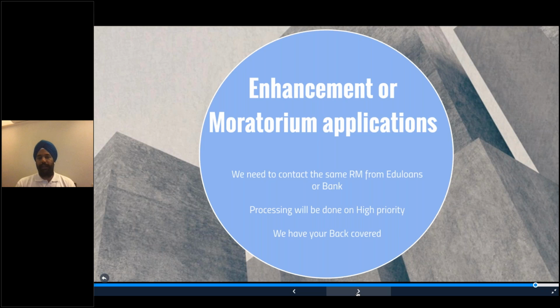If you have good academics to prove that you have a good GPA, or some sort of RA, research assistantship, teaching assistantship, graduate assistantship, or scholarships, you can definitely reapply, and they will consider an enhancement of your loan on the present loan itself. So that's one thing which you should definitely look at.